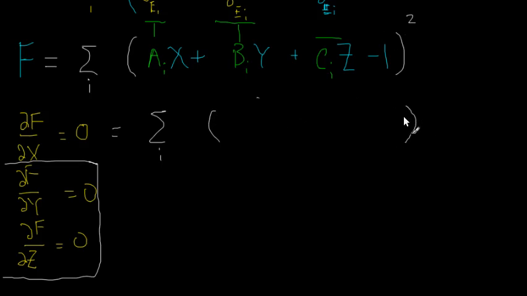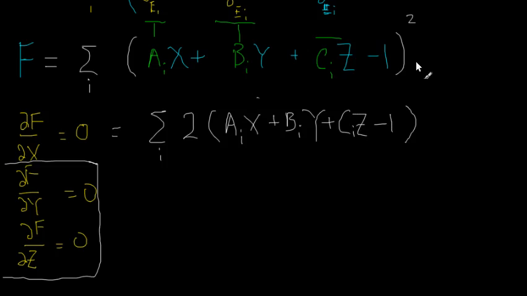I'll start by bringing down the power of 2. So that's a 2, and copy out this lot: a_i x plus b_i y plus c_i z minus 1, and then I need to differentiate this lot. I'm differentiating with respect to x only, so those other terms would go to 0. So a_i is all I get.